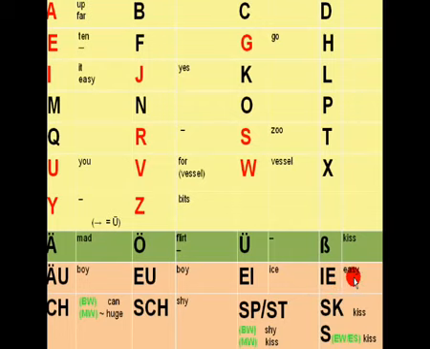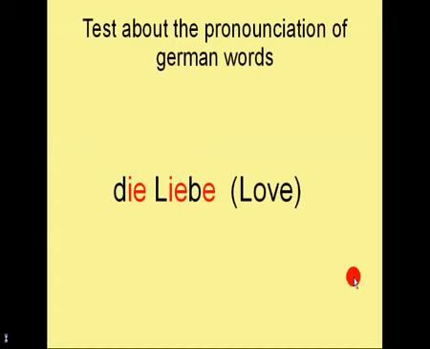So the last letter, which is probably pronounced differently than in English, is the letter E, because I assume that in this case you English people would not pronounce it like we Germans do, but maybe you would pronounce it differently, or probably not at all, like in love you also don't pronounce the E there. So I also put this in red because I assume that you pronounce it differently than us.